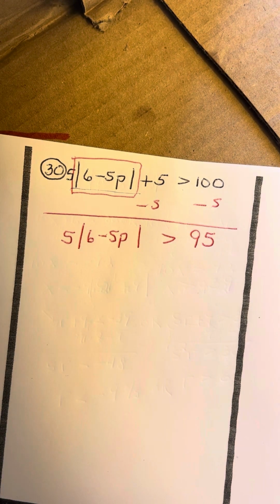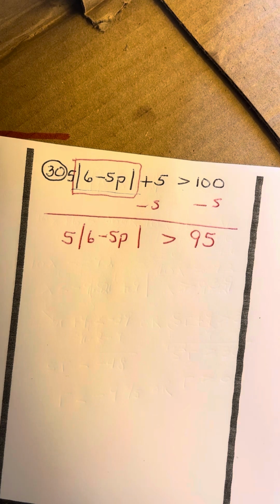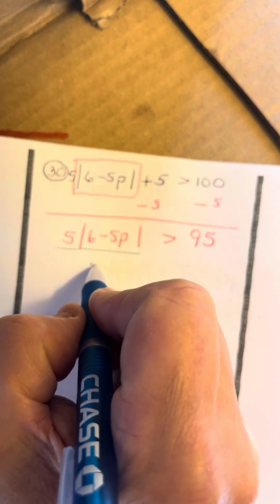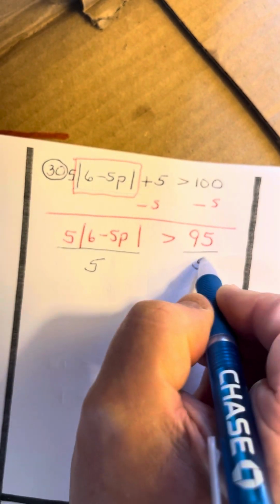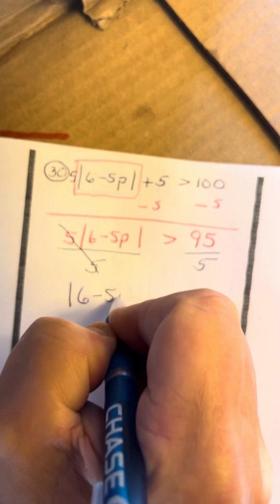But the absolute value is still not by itself. It's being multiplied by 5. The absolute value must be all alone. So if they're multiplying by 5, I'm going to do the opposite and divide by 5. Finally, the absolute value is alone.